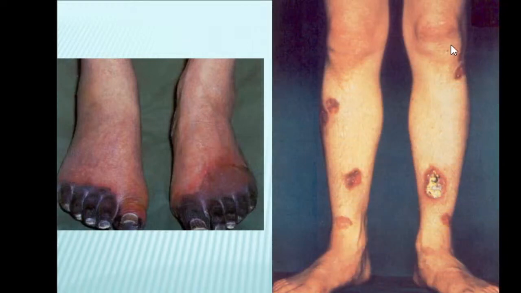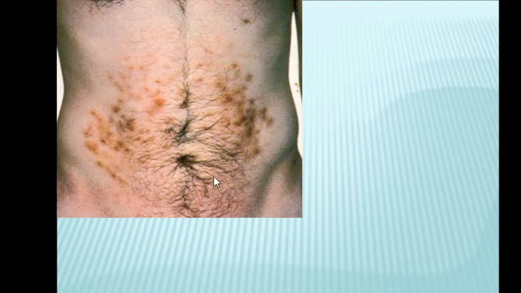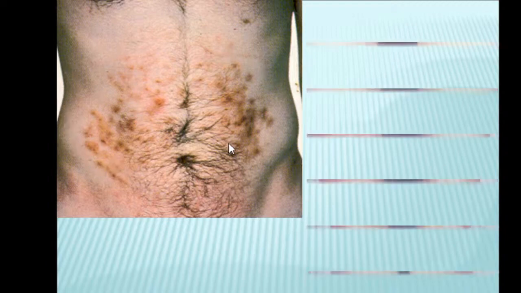Trophic ulcers, eczematous spots are also a result of disordered blood flow due to progressive atherosclerosis of peripheral vessels. Lipodystrophy, dilution of subcutaneous fat tissue in the area of insulin injection.